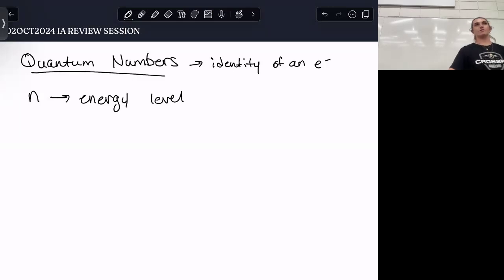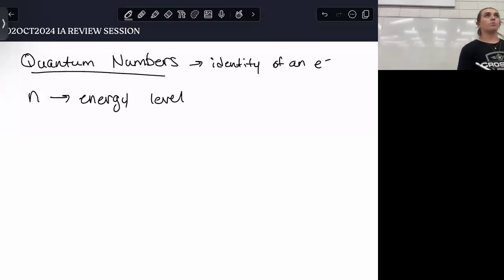If you have energy level N equals 1 or energy level N equals 7, which one has more energy? The 7, right? So the higher you get in your n equals whatever number, the more energy that electron is going to have. Does that mean it's closer or farther away from the nucleus? It's farther away. So the higher n values mean that electron is farther and farther away from the center of that atom.